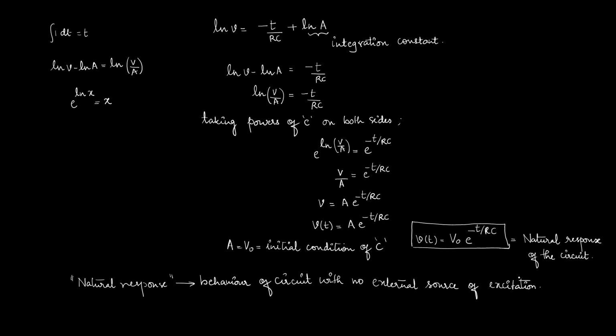So let us analyze by substituting different values of t. We have the expression v of t equal to v naught e power minus t by RC. When t is equal to 0, we have v of t equal to v naught e power 0, and e power 0 is equal to 1, so this is equal to v naught.